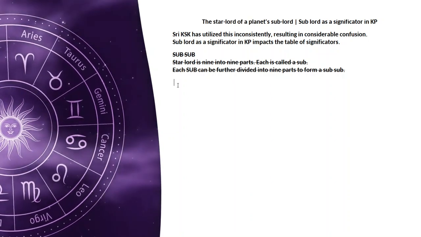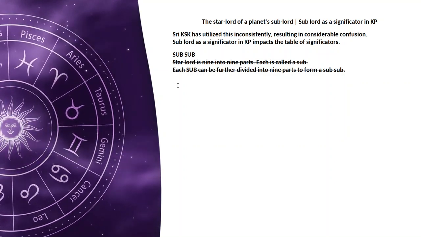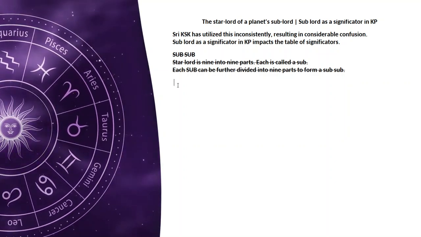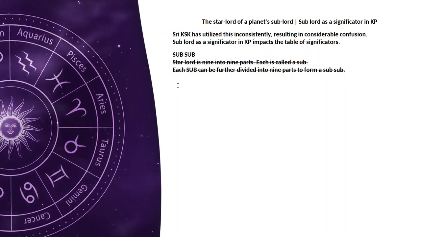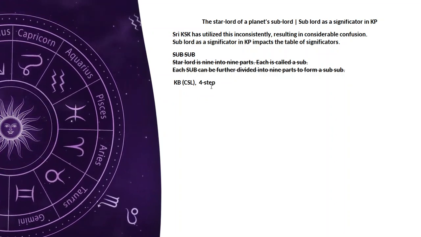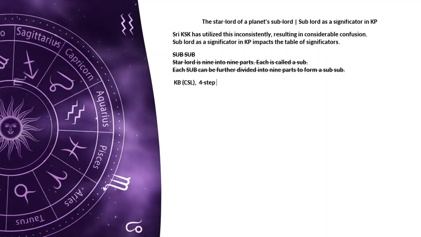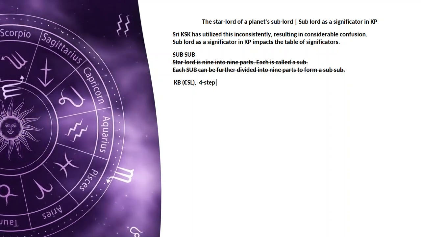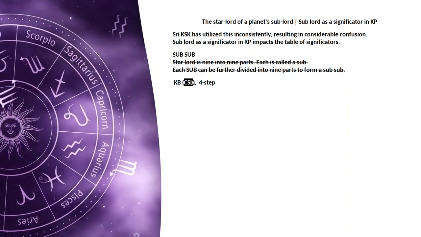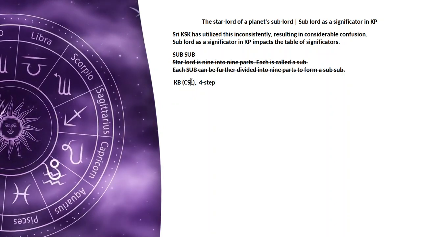In a few of my earlier videos, I highlighted two notable extensions to Krishnamurti Paddhati. The first is the KB, or Bhaskaran's method. It's commonly called the Cuspal Interlink, CIL.